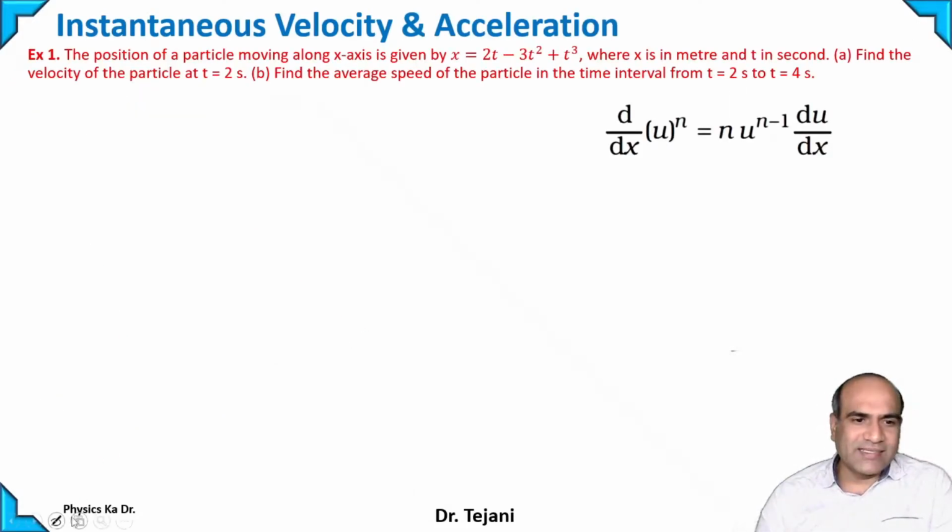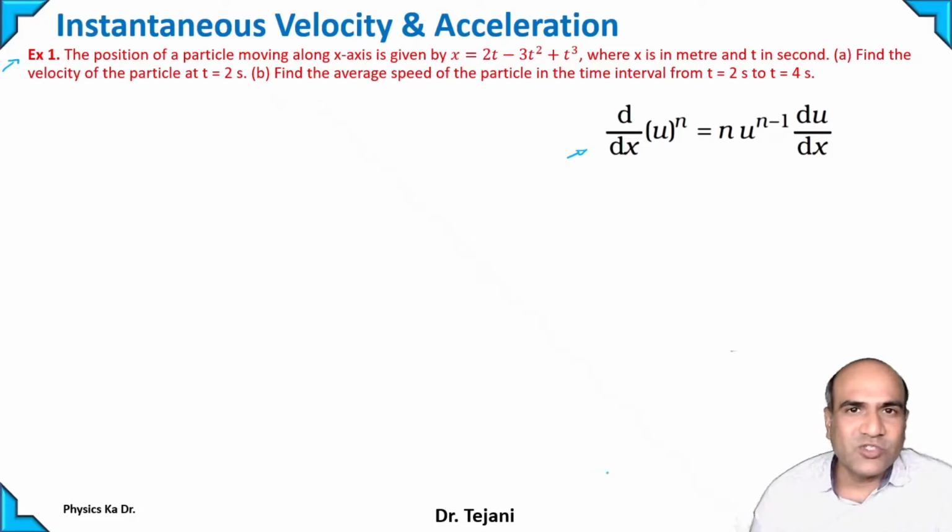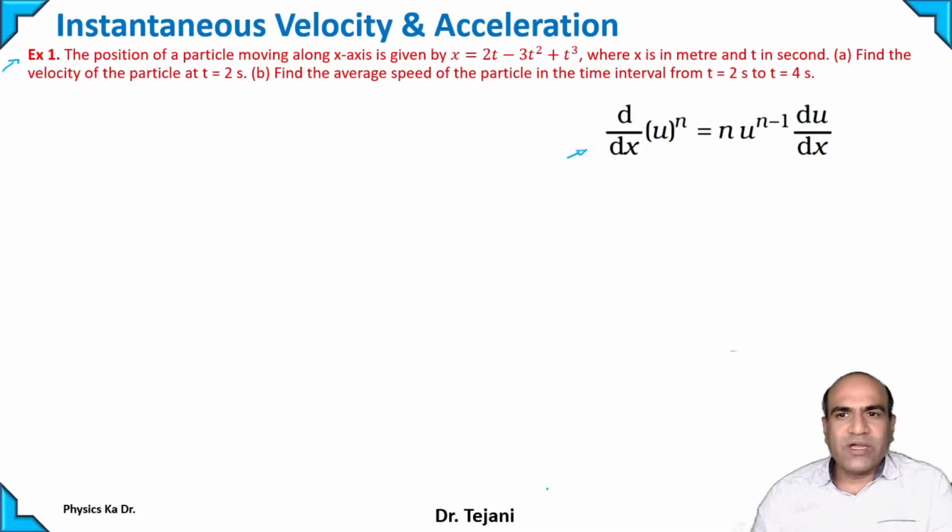Solving the first example. Example number 1. Here you can see there are some differentiation formulas given. The reason is that in this chapter you need differentiation as well as integration. So I suggest that I will put up videos on differentiation as well as integration, and you can refer to those videos. Majorly we need very easy differentiation.